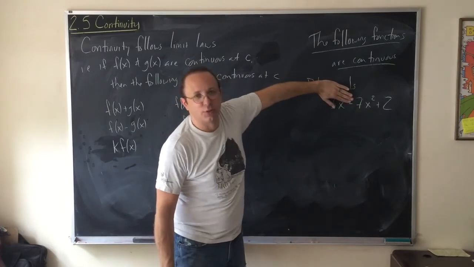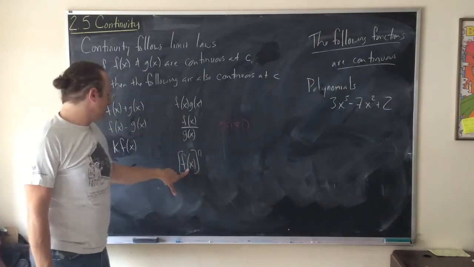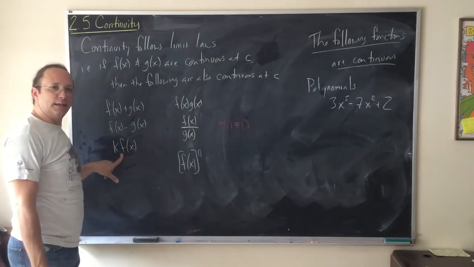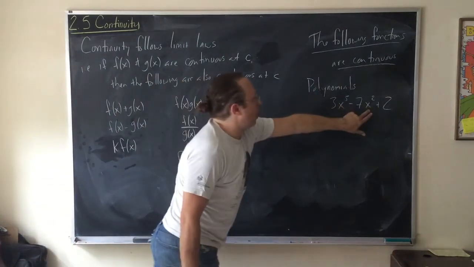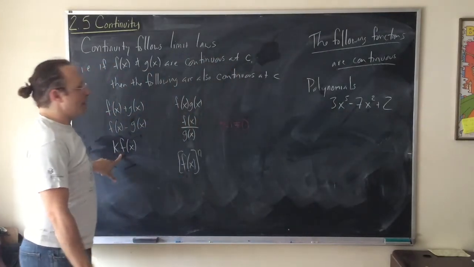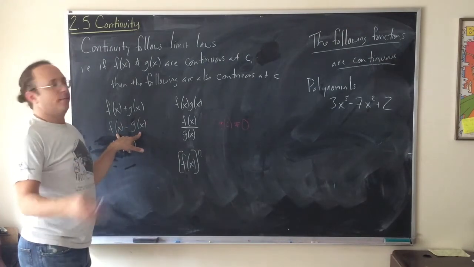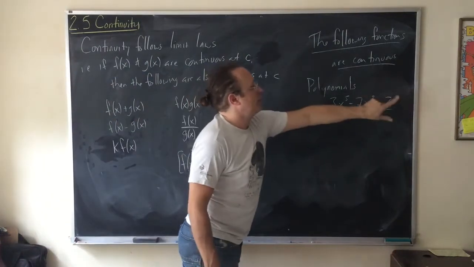Well, x is a continuous function. Raising it to a power stays continuous. Multiplying by 3 keeps it continuous. 7x squared. X is continuous. Squaring it's continuous. Multiplying by 7 keeps it continuous. And then taking one and subtracting the other keeps it continuous.